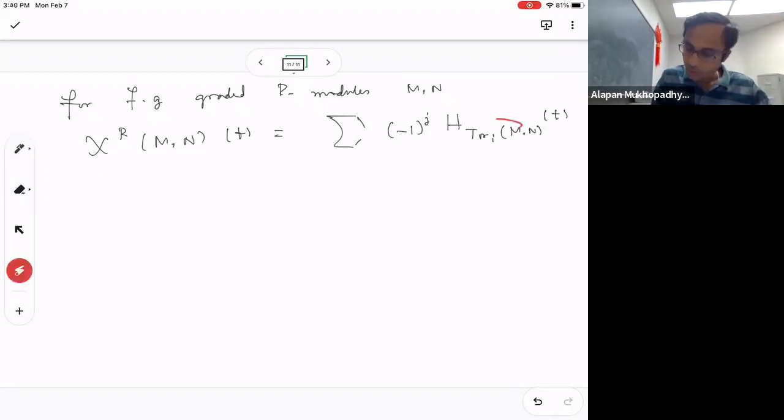If you look at the modules, these are graded objects. You can look at their Hilbert series and then take the alternating sum of the Hilbert series.